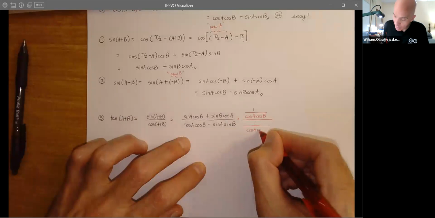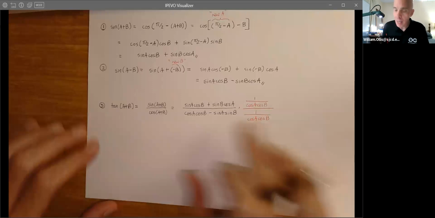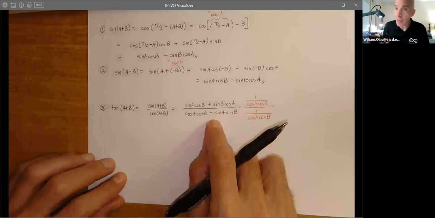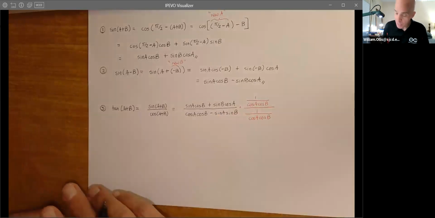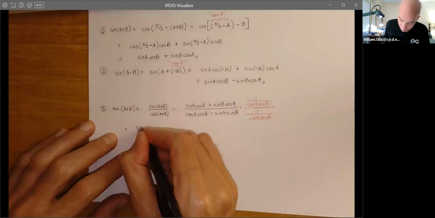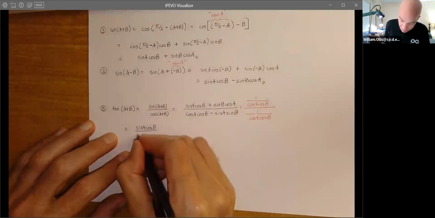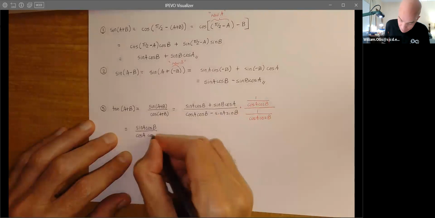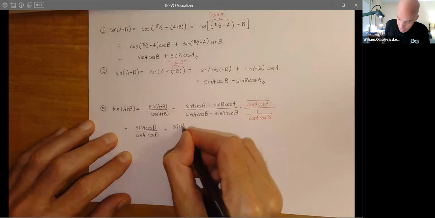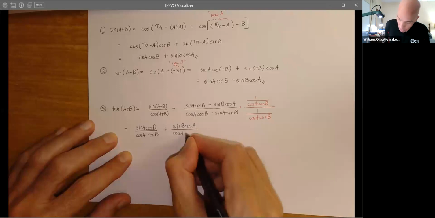Again, this would be an algebraic maneuver that we would use to rewrite this particular expression. This being valid, but not the conclusion that we want from our theorem statement. So when we do that, we just get sine A cosine B, so go ahead and divide by cosine A cosine B, plus sine B cosine A. Just a lot of writing now, but very simple. Cosine A cosine B.